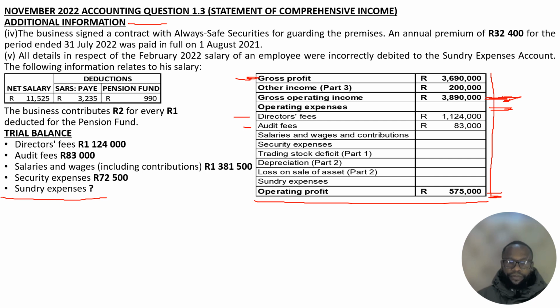We are going to take that gross operating income of 3,890,000 and deduct this operating profit of 575,000 to see what the expenses were. Expenses are in brackets, and they were 3,315,000.